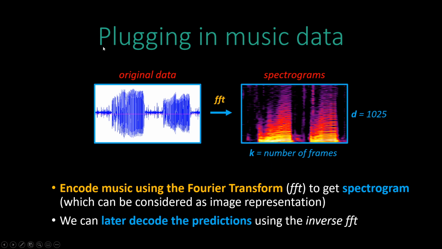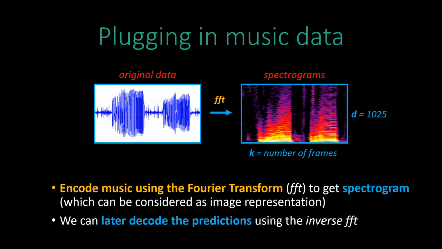We can use this as an encoding step to convert music into blocks of frames by vector dimensionality. Furthermore, we can train on this representation and predict in this representation, and then at the end we can go back from this representation by decoding from spectrograms using the inverse FFT. There are some complicated problems there, because we are going to lose some information in the process.